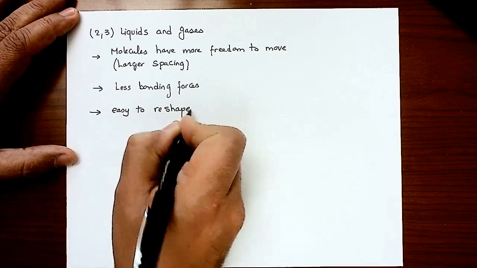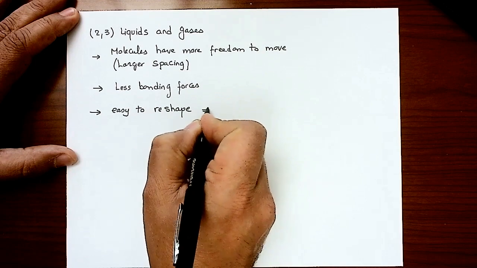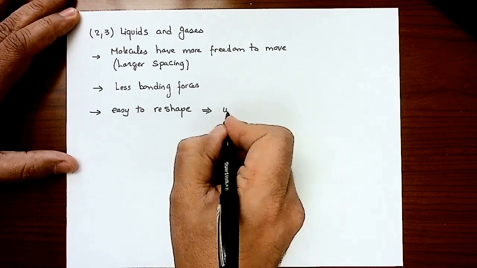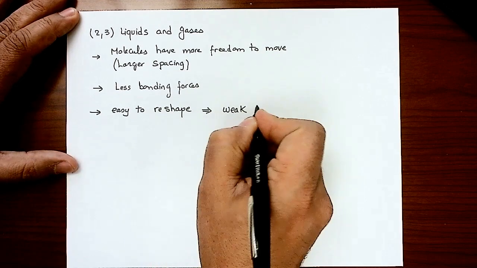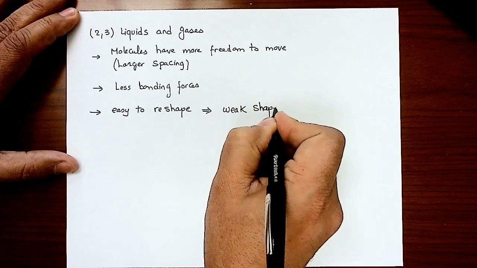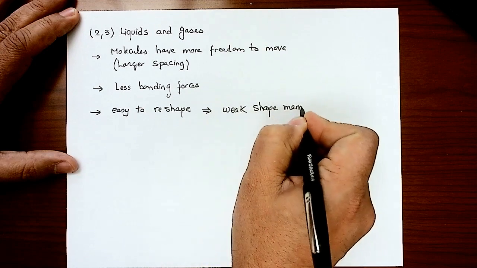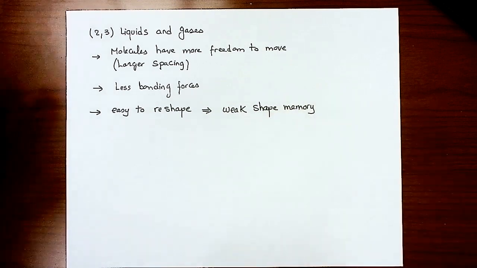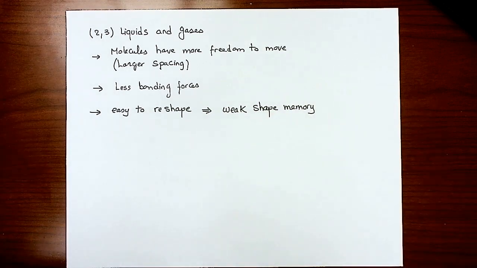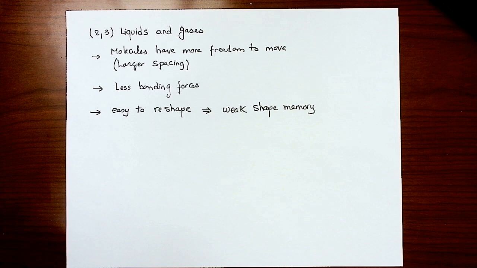That's why we say liquids and gases have really weak shape memory. You know that if you transfer liquid from one container to another container, immediately the liquid will take the shape of the new container, right? And the same applies for gas, except that gases are, in most cases, invisible, right?